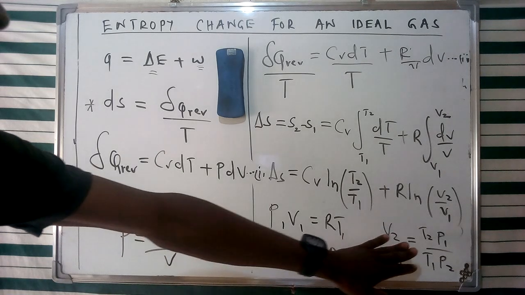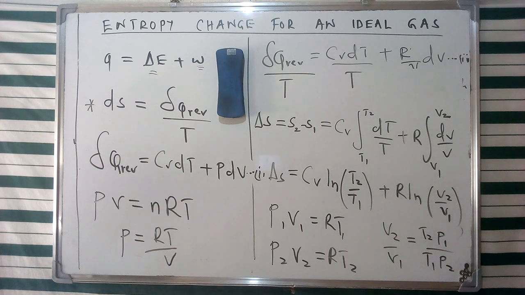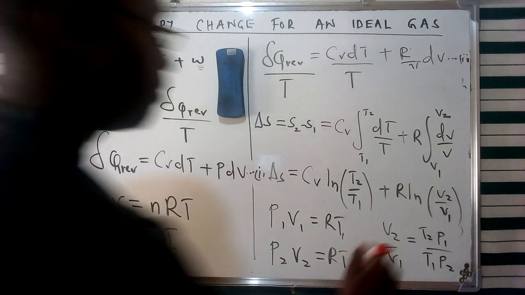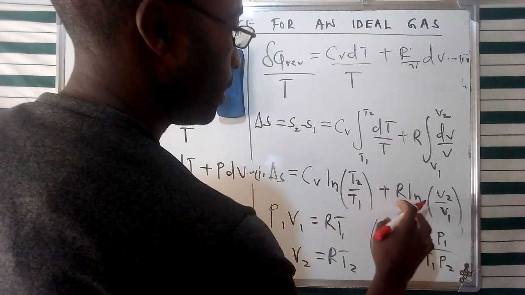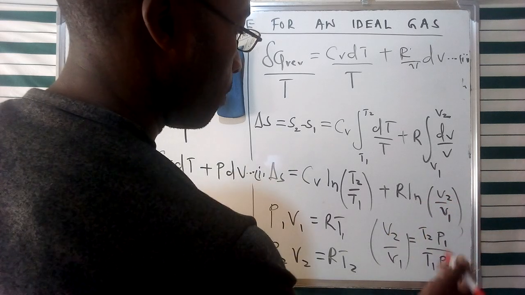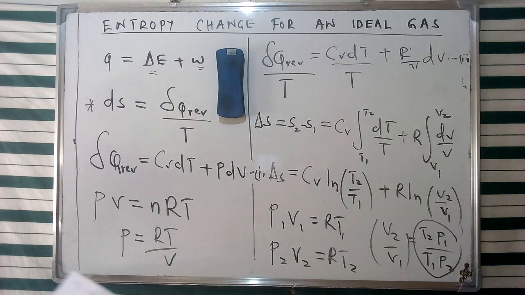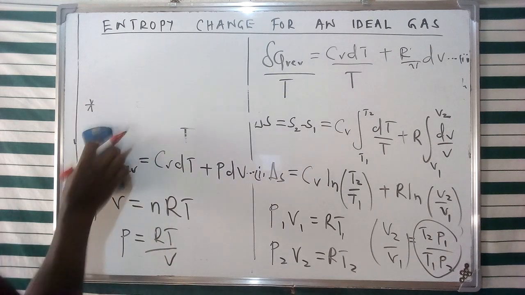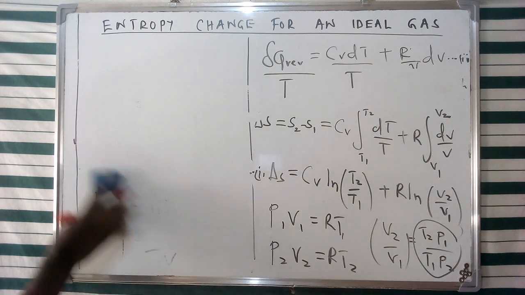a volume, a temperature or a pressure, we can do a substitution for the volume section, R natural log of V2 over V1, using this specific substitution. That gives us a second version of that equation.